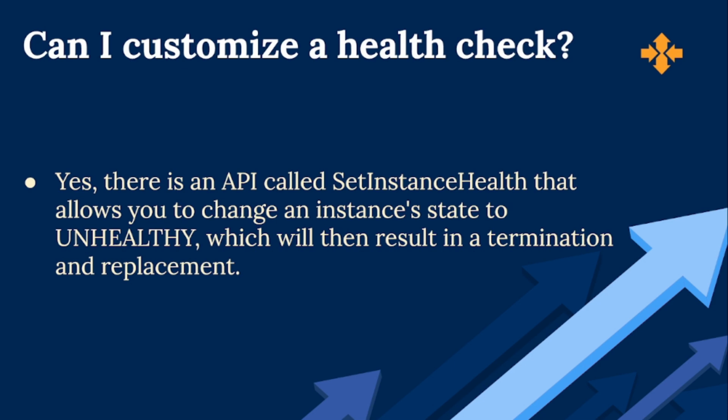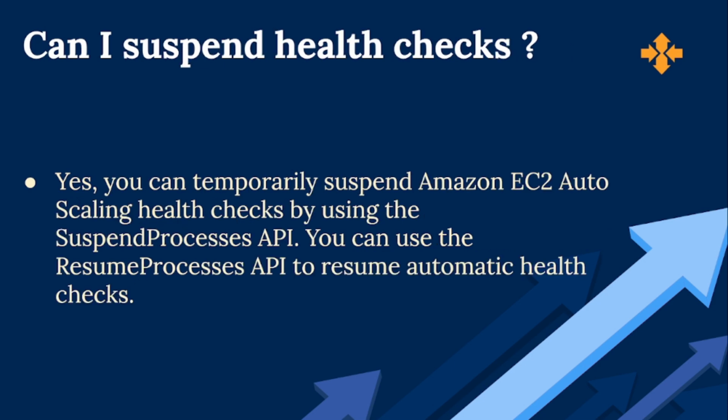Can I customize a health check? Yes. There is an API called SetInstanceHealth that allows you to change an instance's state to unhealthy, which will then result in a termination and replacement.